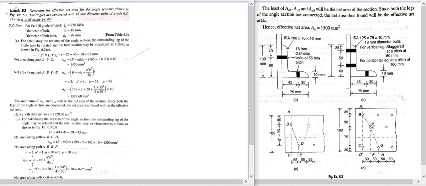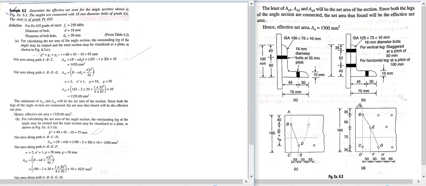The distance will be simply 40 plus 45 minus t. That means 40 plus 45 is 85, 85 minus 10 is 75. That is the modified distance.